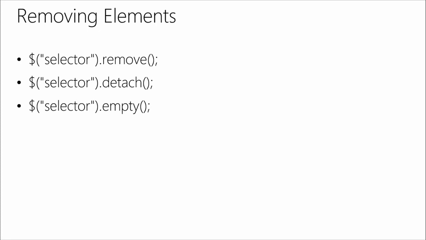But if we wanted to work with a group of DOM elements and do a lot of big things to it, grab a chunk of the DOM and then start adding, say, hundreds or thousands of rows to a table, or a lot of big data, what we might do is call our selector, call detach, and then we could either chain this or wrap it in a function with that syntax that I just showed.